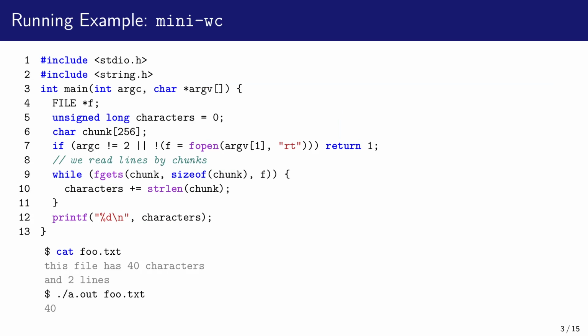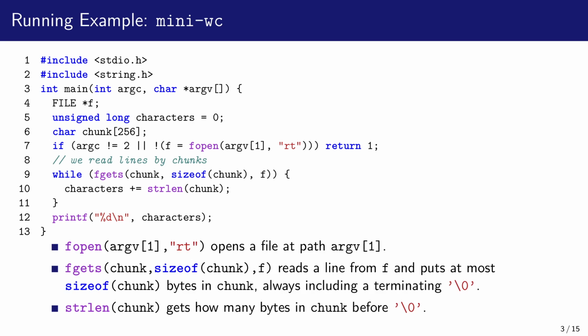And here is a running example that is a very simple version of the WC command line utility that counts the number of bytes in a file. So it starts by opening the file using the function fopen, and then it reads the file using the function fgets, and fgets retrieves a chunk and stops either when encountering a new line or when reaching the maximal capacity of the input buffer.